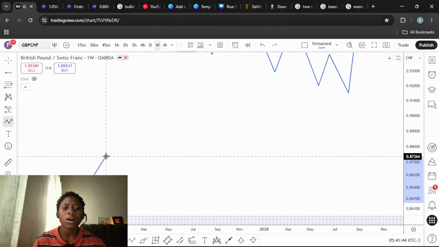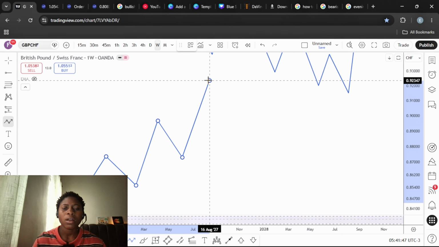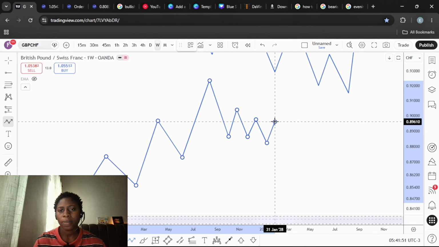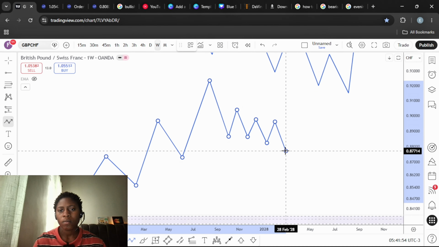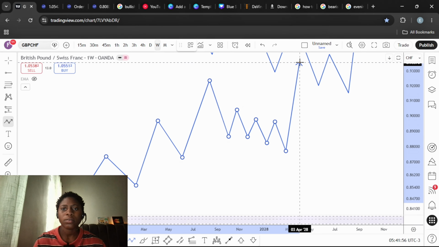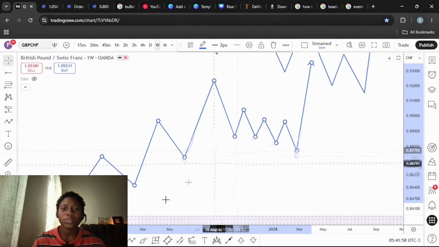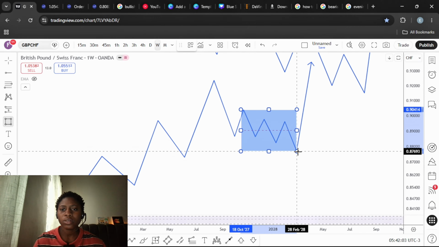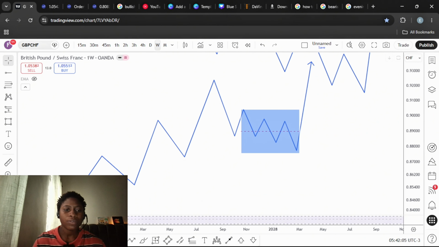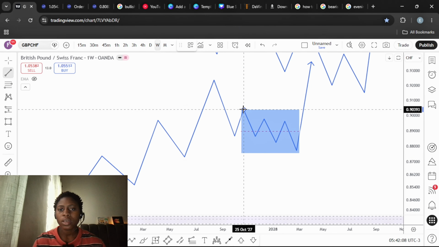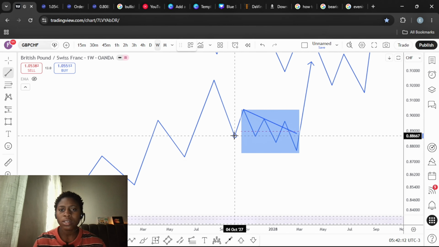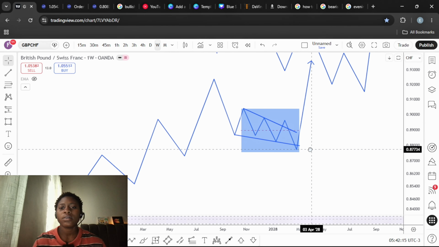A market could be going up, and all of a sudden it starts doing something like this, right? And then boom, this market at some point was ranging just like this. If you use your trend line tool and draw trend lines, you're going to get trend lines like this. So this is what we call a descending wedge in forex.